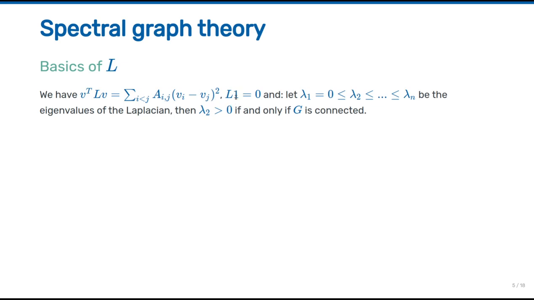The constant vector 1 is an eigenvector of the Laplacian associated with the eigenvalue 0, which is the smallest eigenvalue possible for the Laplacian. And the last thing contained in this property is that if you order the eigenvalues from lambda 1 to lambda n, then lambda 2 is strictly positive, so strictly different from lambda 1, if and only if the graph G is connected.